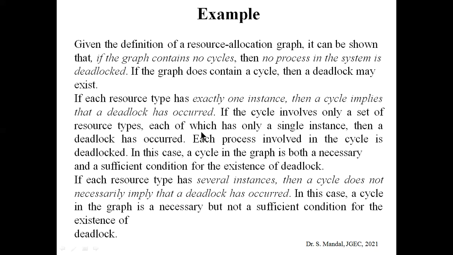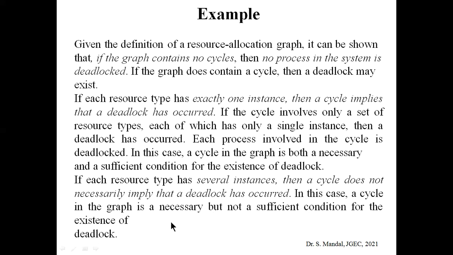This is applicable for single instance resources only. But if the resource type has several instances, then a cycle does not necessarily imply that a deadlock has occurred. So in this case, a cycle in the graph is a necessary but not a sufficient condition for the existence of deadlock.